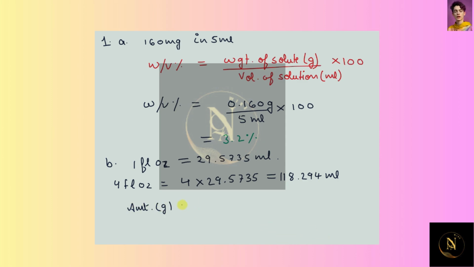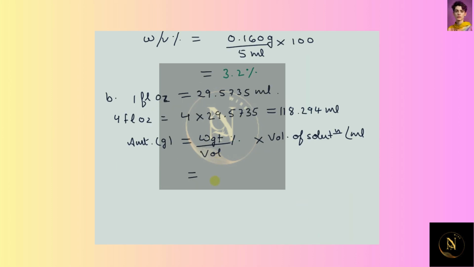Now we'll calculate the amount in grams of the acetaminophen. It is equal to the weight by volume percent concentration multiplied by the volume of solution in ml. So let's put the value. We have calculated the weight by volume percent, which is 3.2%, multiplied by the volume of the solution, which is 118.294 ml.